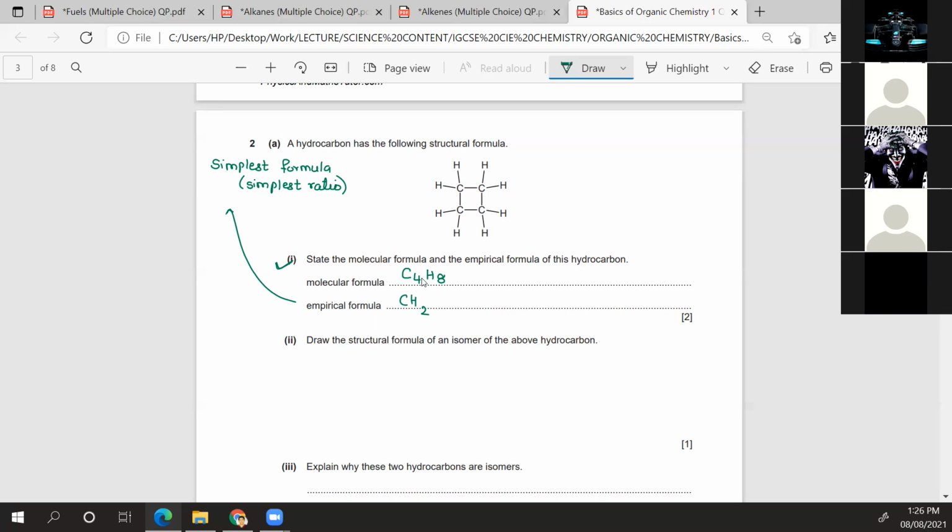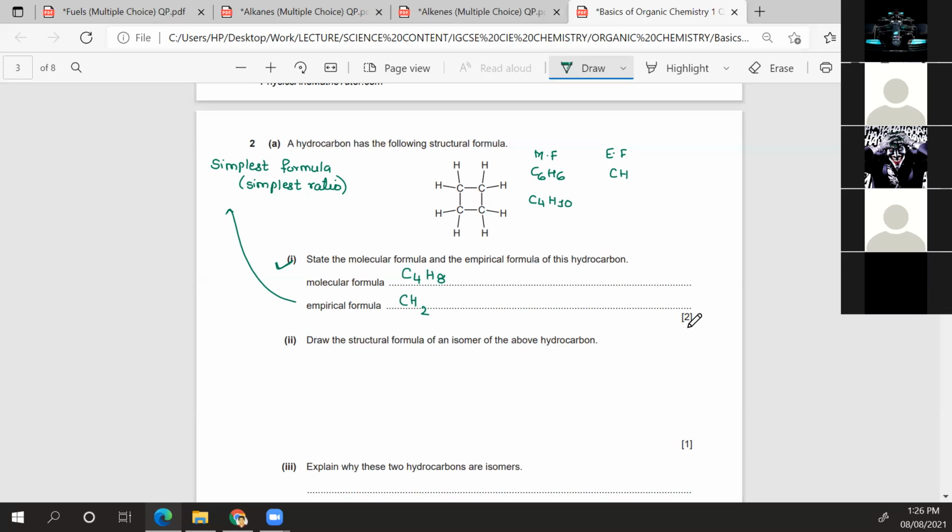Let's say an example molecular formula is C6H6. What will be the empirical formula? There are 2 numbers, 6 and 6. So you divide both of them by 6. What will you get as the empirical formula? CH. Correct, CH. Suppose I have molecular formula C4H10.